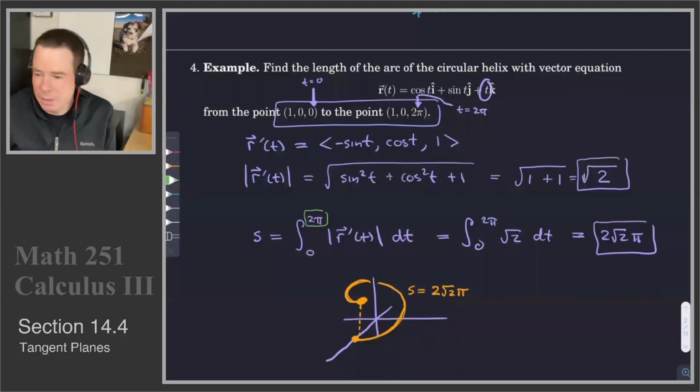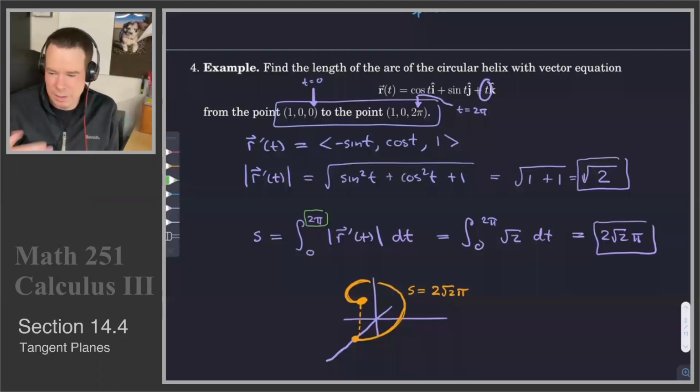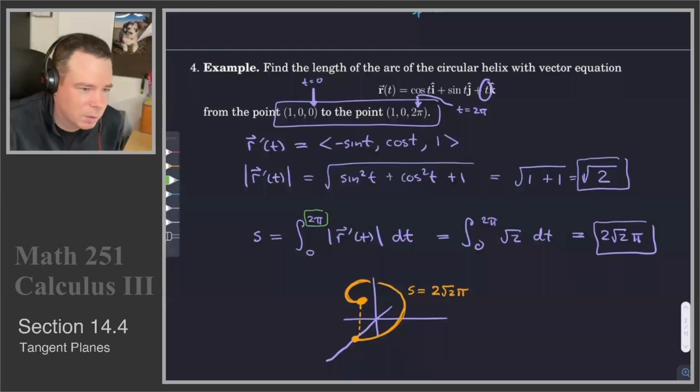If we made that into a variable t, let's say, now we're constructing a function that measures the length from the starting point (1, 0, 0) all the way out to whatever point we want corresponding to the parameter t. That creates a function that's known as the arc length function, and that's what we're going to dive into next day. But for right now, we just worked out the distance between 2 points on a particular space curve. So we'll stop there.